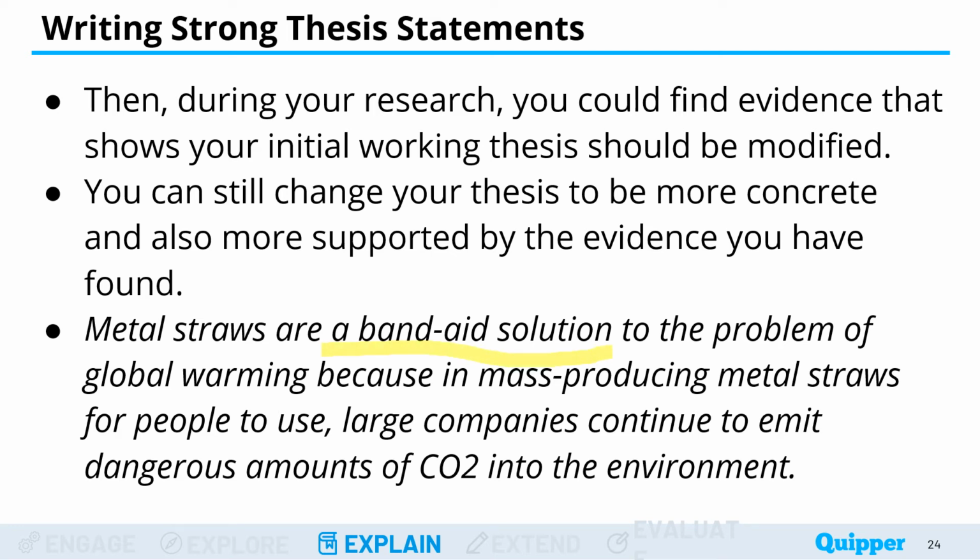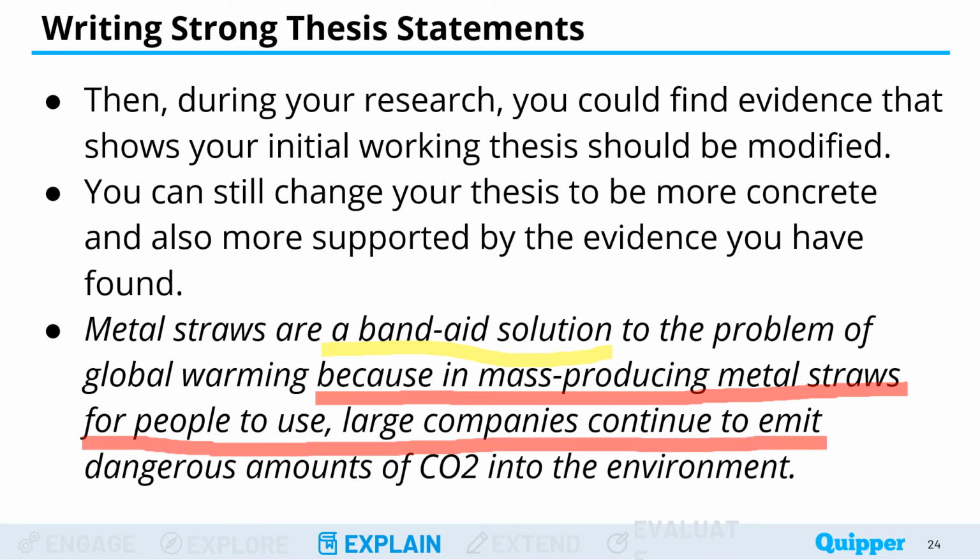So the word effective here is no longer mentioned. And the reason why it is considered that metal straws are a band-aid solution is because in mass producing metal straws for people to use, large companies continue to emit dangerous amounts of carbon dioxide into the environment.